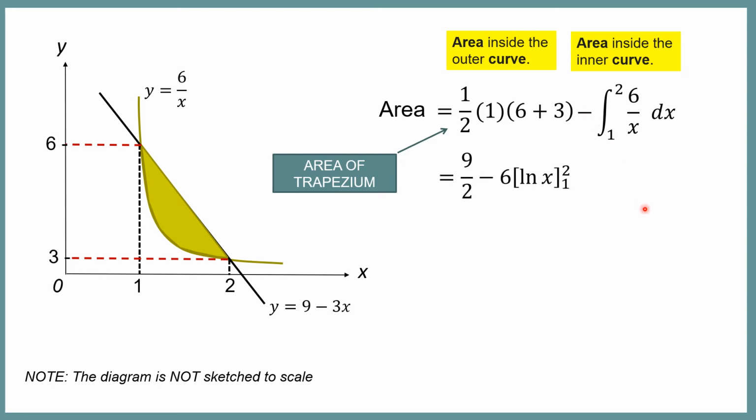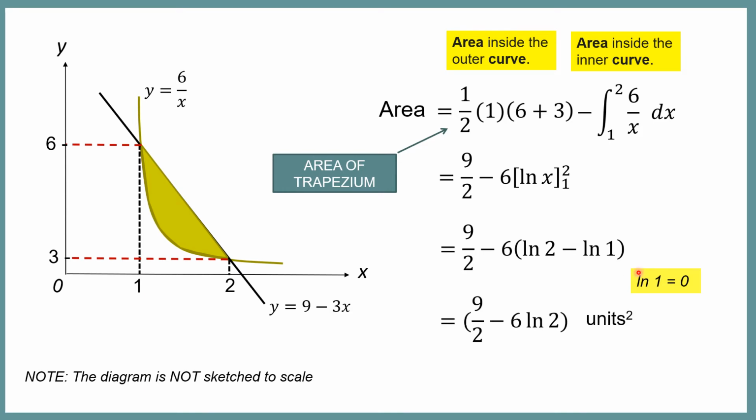Simplifying and integrating, we have 9 over 2 minus 6 ln x from x equals 1 to x equals 2. Substituting the upper limits and the lower limits, thus the area of the shaded region is 9 over 2 minus 6 ln 2 units squared.